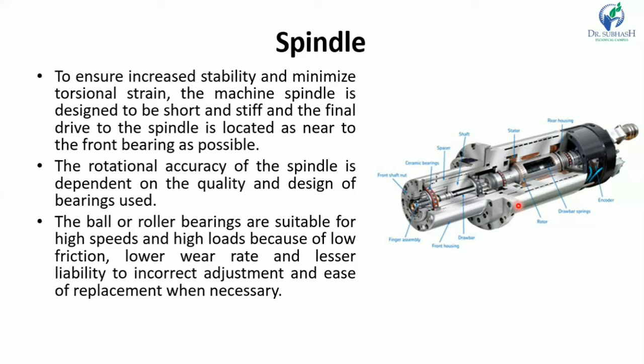the spindle is normally driven by an electric motor, either an AC current or DC current motor. The drive may be direct from the motor to the machine spindle or indirect through belt or gear transmission. If belt drive is employed, then toothed belts are used.